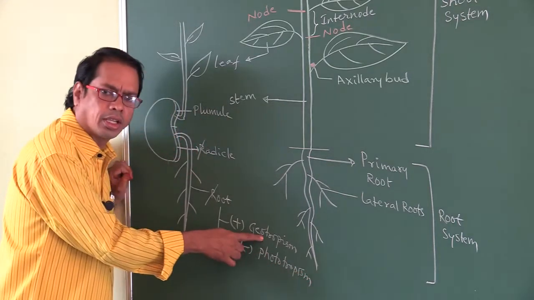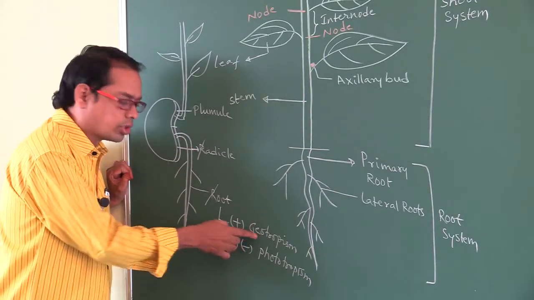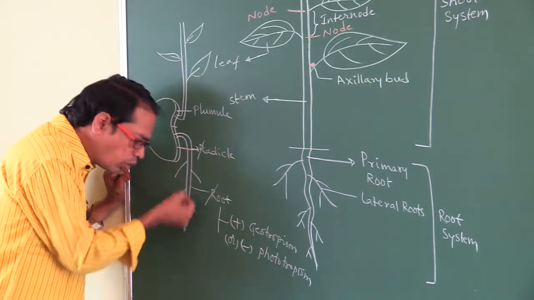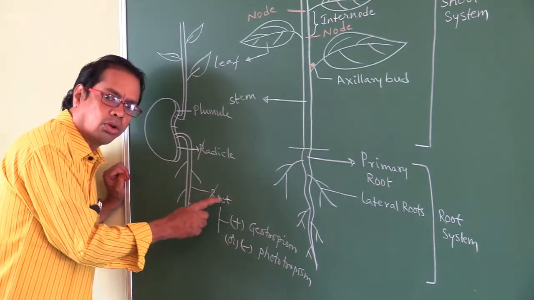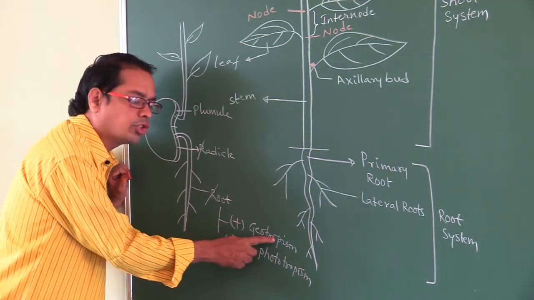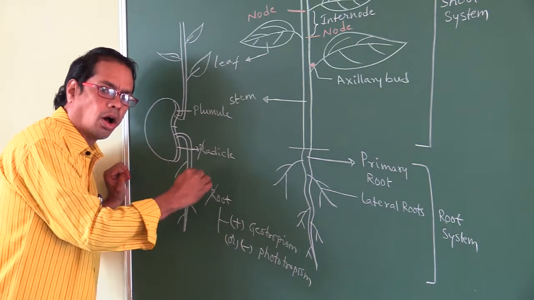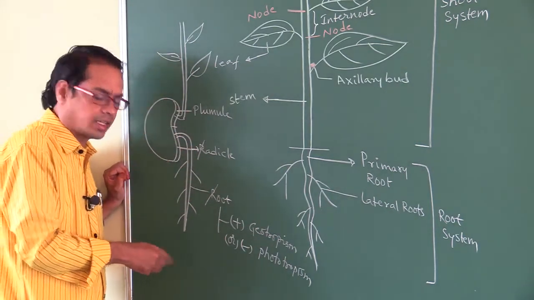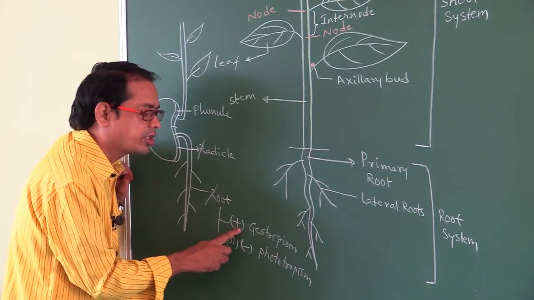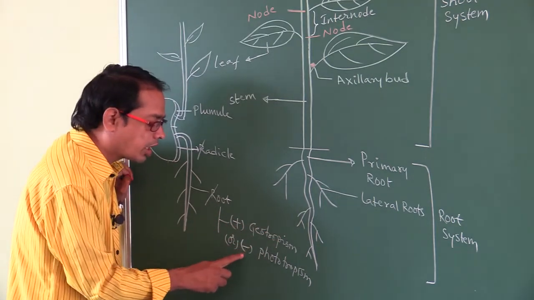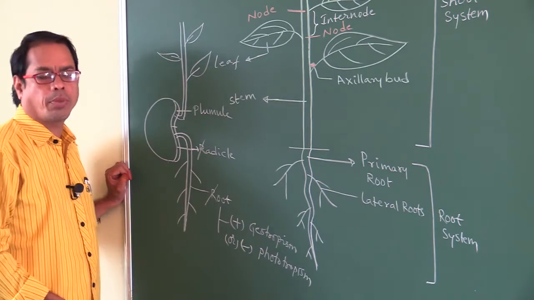Geo means earth, soil. So the root grows towards the soil, towards the earth. That's why the root is positively geotropic or opposite to the sunlight. Photo means light.